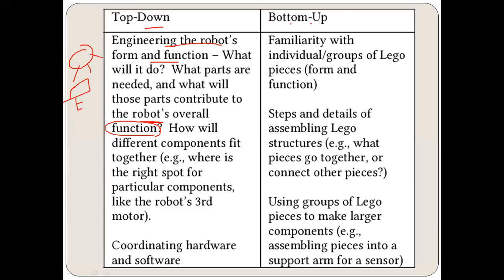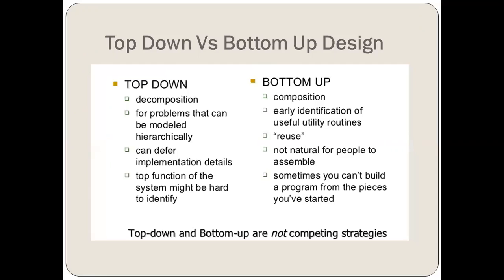In bottom-up approach, we have used the Lego pieces. You must be familiar with this form. That is, we are going to use the Lego pieces. That is again the building blocks type of thing, and we are going to assemble these particular Lego pieces step by step in detail, and then we can form the support arm for the sensor, right? Now, what is the difference between the bottom-up approach and top-down approach?